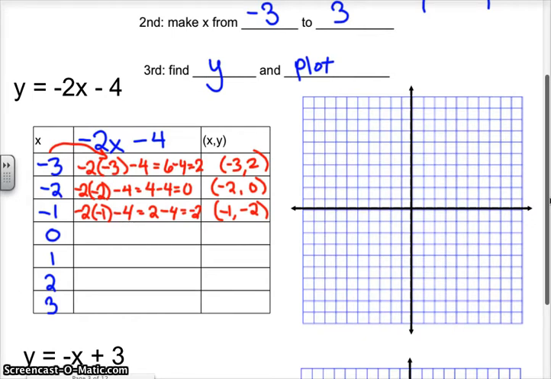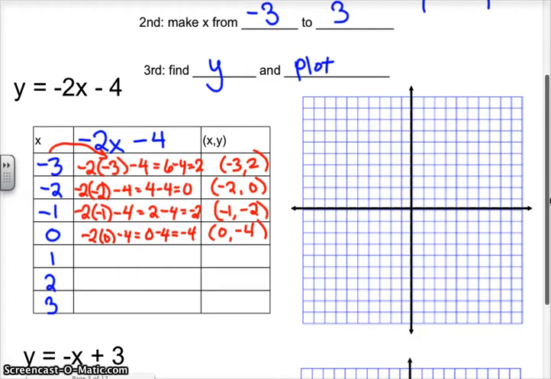But let's show the details. I don't think we're ready for that yet. -2 times 0 minus 4, 0 minus 4, -4, (0, -4). Okay? And I'm halfway done.